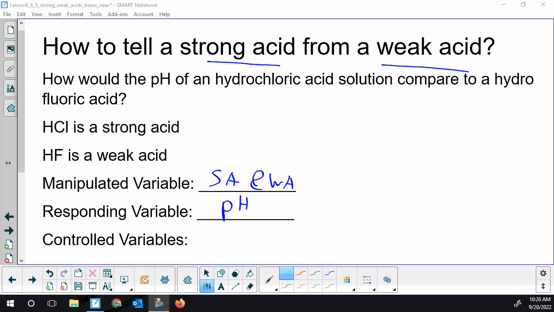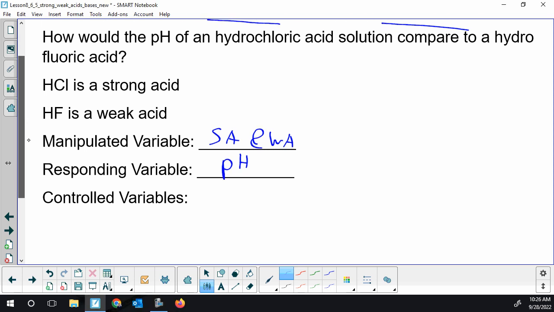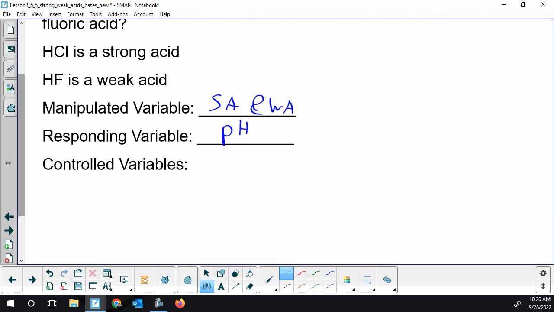So I'm going to summarize those controlled variables with a bit of short forms. We started off with the concentration. That absolutely must be controlled. Number one, I'll star it.